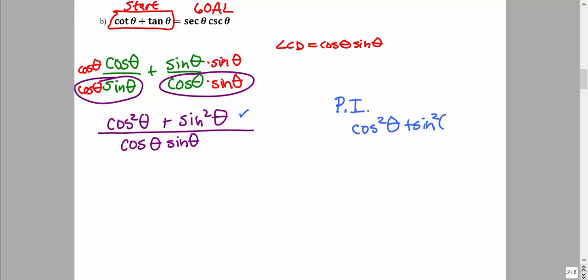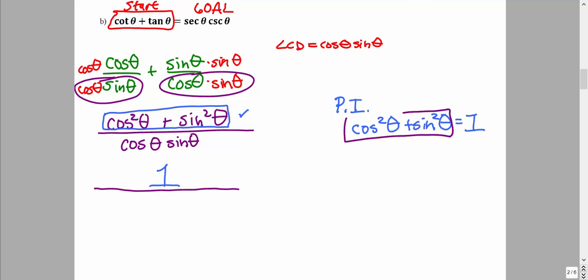And this is actually directly one of our Pythagorean identities. Cosine squared theta plus sine squared theta, we know that that is equivalent to 1. So we are going to replace cosine squared and sine squared with 1. Remember, the whole idea is to replace it with something that's equivalent within that Pythagorean identity.